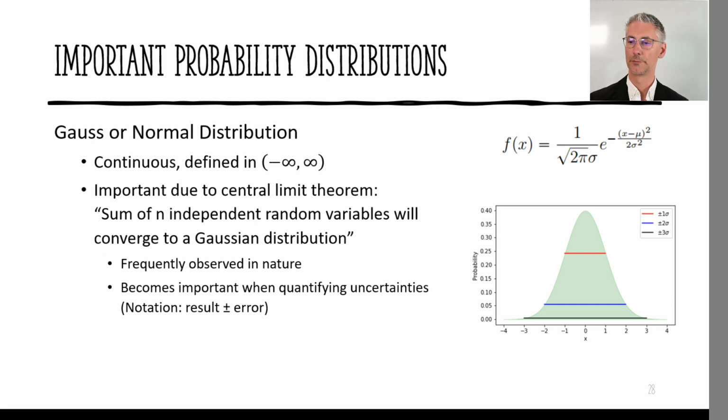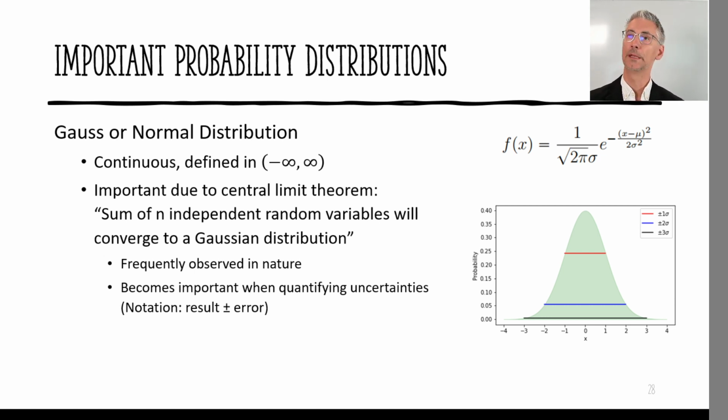The Gauss or normal distribution is one of the most important distributions overall. It's a continuous distribution defined between minus infinity and infinity, and it's so important because of the central limit theorem, which states, very briefly, that the sum of n independent random variables will converge to a Gaussian distribution.